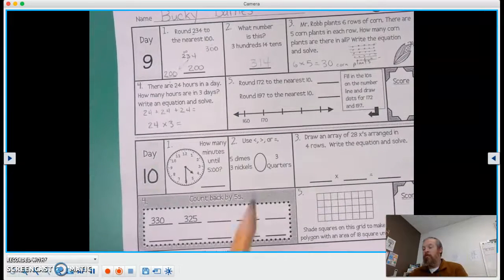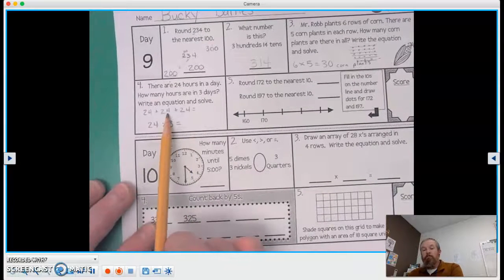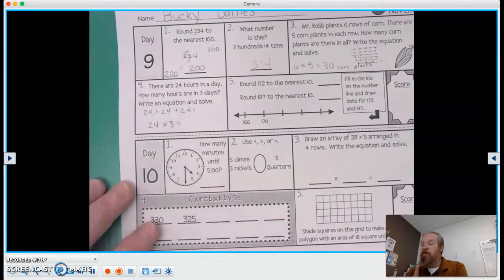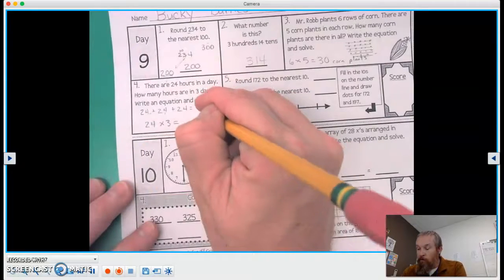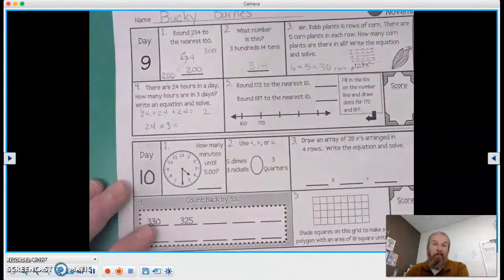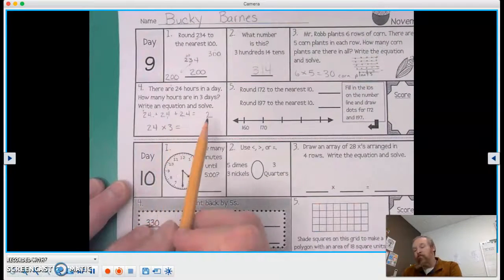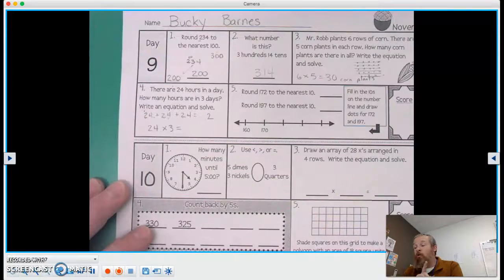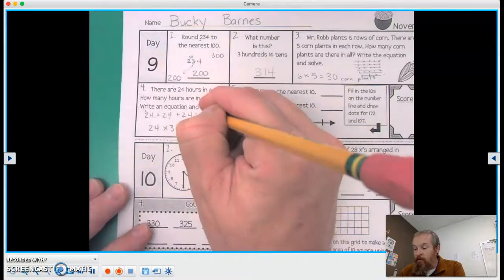Okay? So what is 4 plus 4? 8 plus 4 more is 12. So we're going to put our 2 there, and I'm going to put a 1 up there like I'm carrying. Now let's add our tens column. 2 plus 2 plus 2 plus 1. 2, 4, 6. And 1 more makes 7.